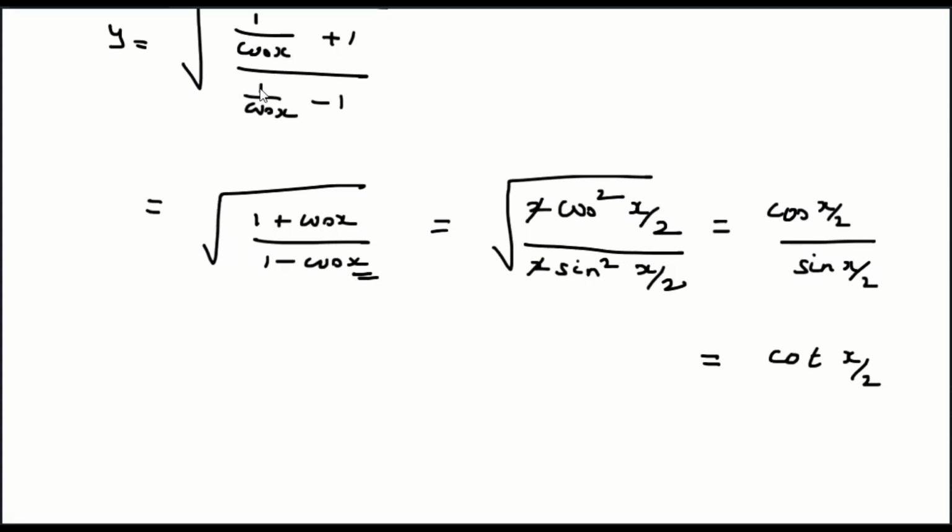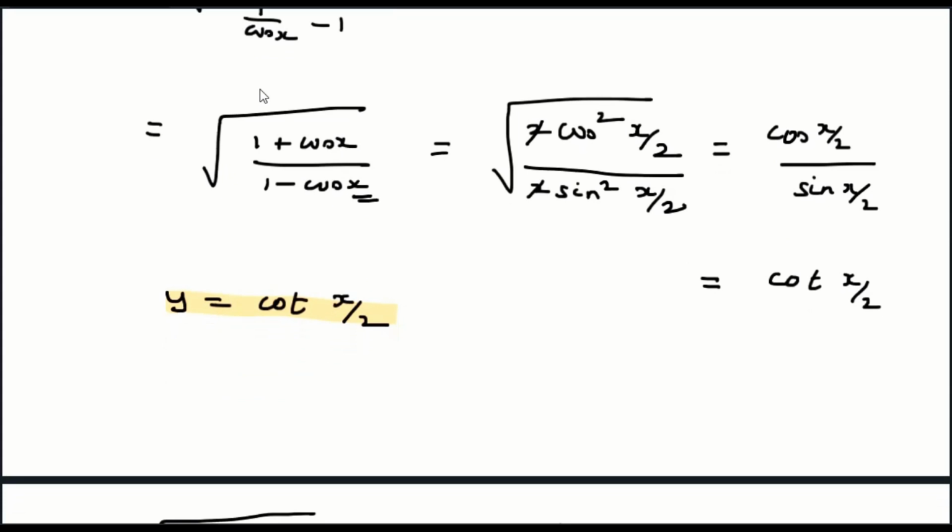So I have not differentiated it. I have just simplified. So I am getting y is equal to cot x by 2. So I have the simplified format of the given question. Now differentiate. What is y dash? So now y dash is differential of cot. What is differential of cot?